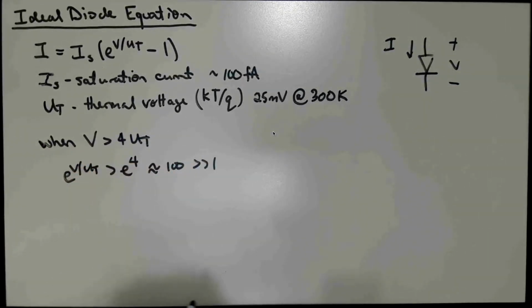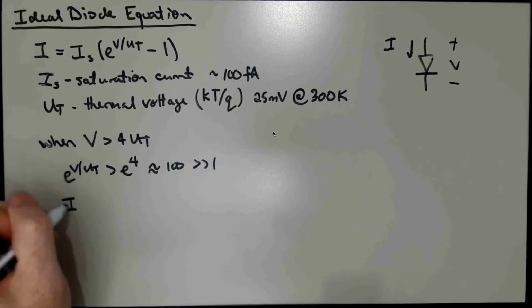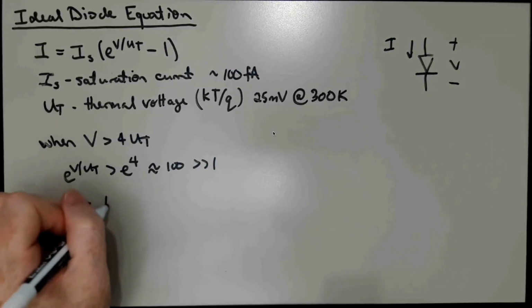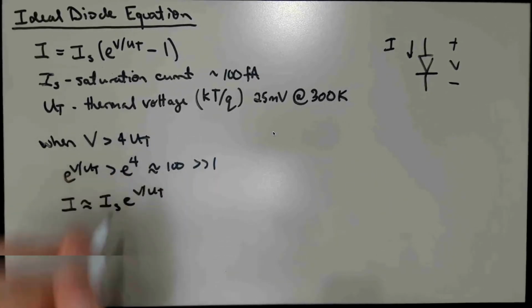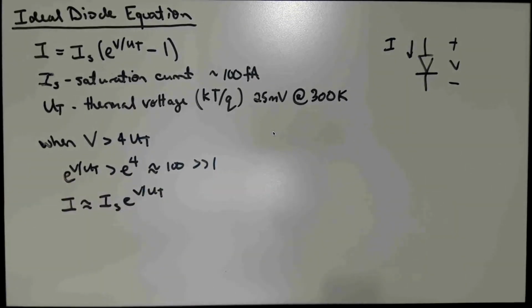And so I is just approximately given by I sub s e to the v over ut, and we can ignore the 1. And that's often what we're going to do, is to ignore that 1.